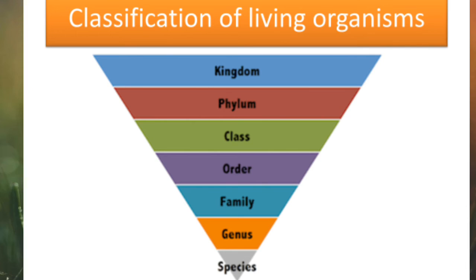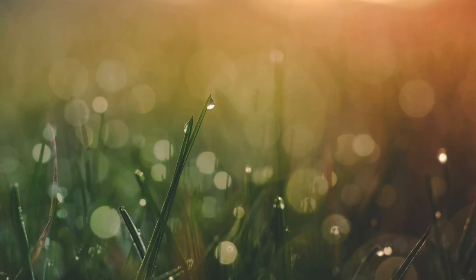A hierarchy is formed in the classification that starts with kingdom Animalia or kingdom Plantae. Further groups and subgroups are formed depending upon basic similarities and differences. This is called the hierarchy of classification.